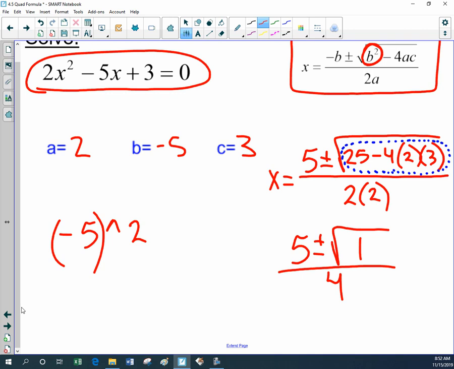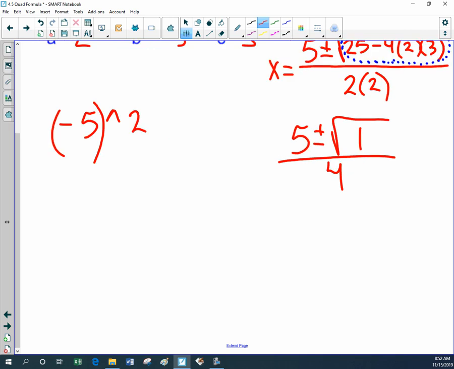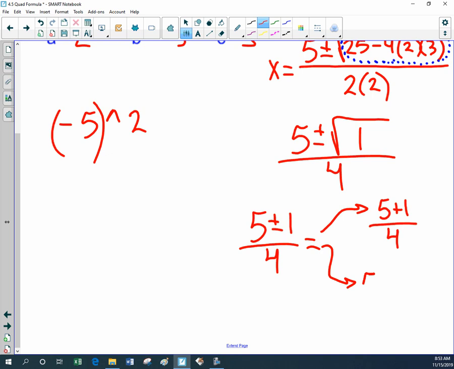Okay, what is the square root of 1? Square root of 1 is 1. So we have 5 plus or minus 1 divided by 4. Okay, so now simplify this. So we would have 5 plus 1 divided by 4, and we have 5 minus 1 divided by 4. 5 plus 1 divided by 4 would be 6 over 4.